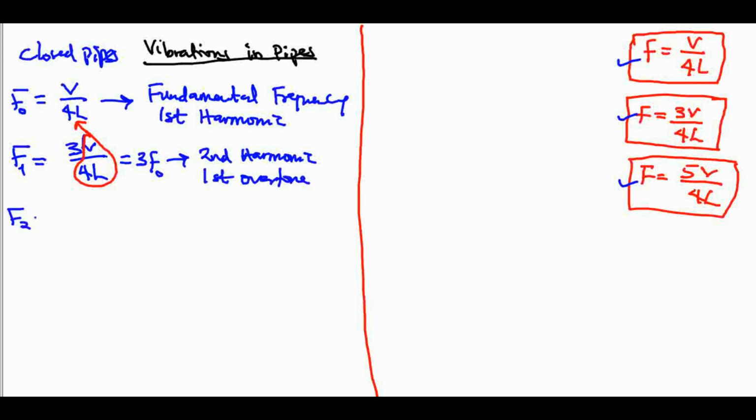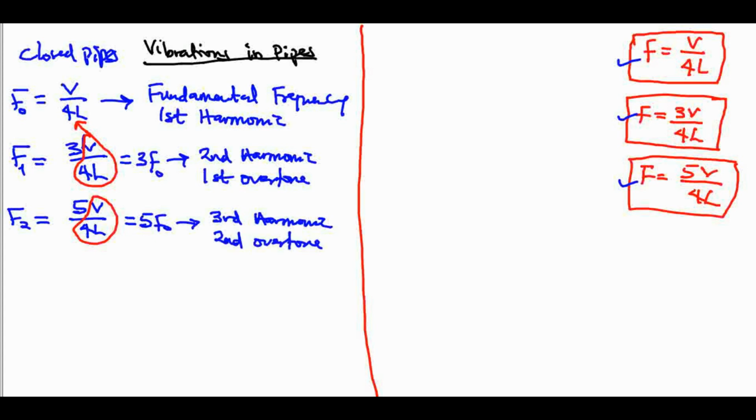And F2 is equal to 5V over 4L. And here again, we are having V over 4L, and V over 4L is also F naught. So it means that we would go ahead and have 5F naught, which is the third harmonic or the second overtone.